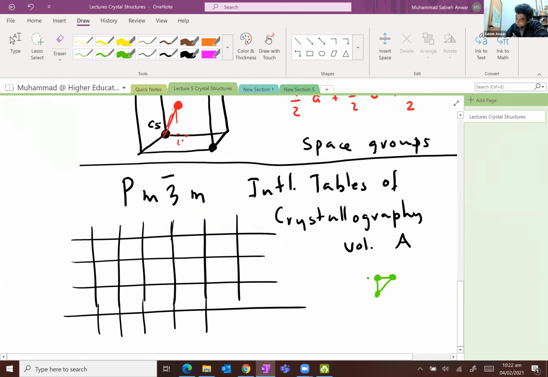Suppose I can place my motif here, but it has to be at the same relative position with respect to all the lattice points. I make a crystal structure in this fashion. So I need not place my bases at the lattice point.